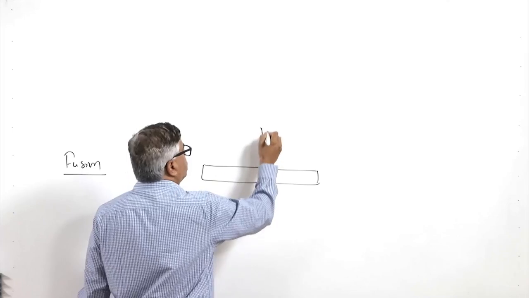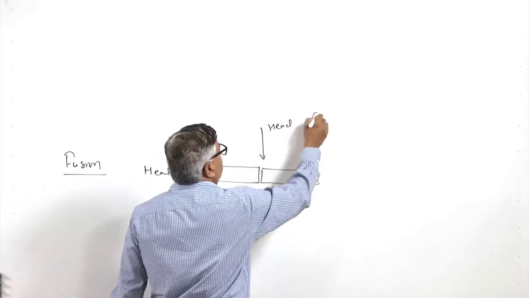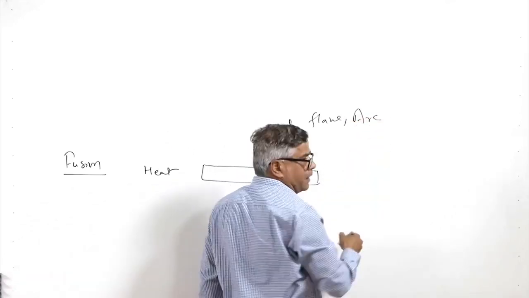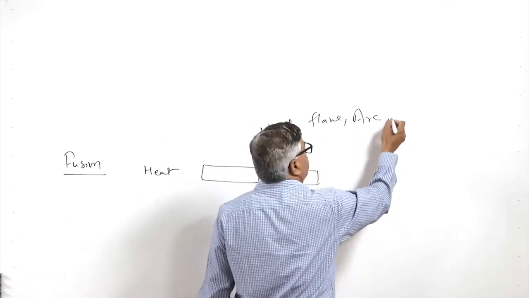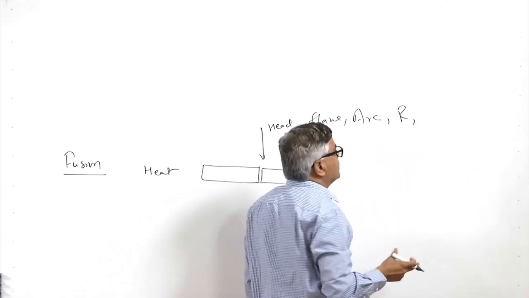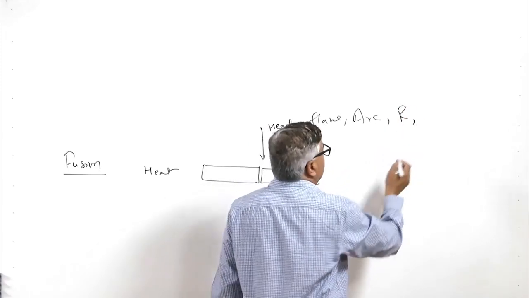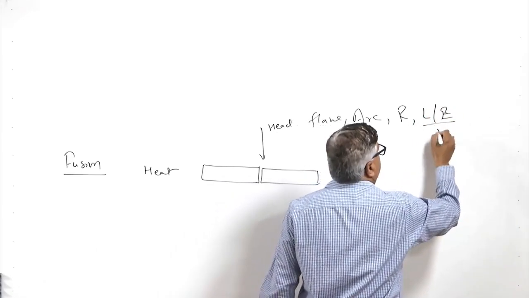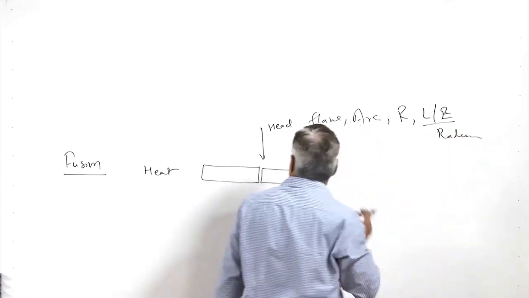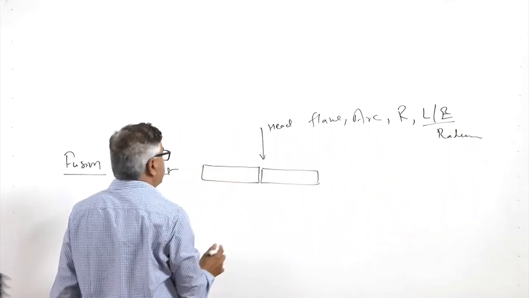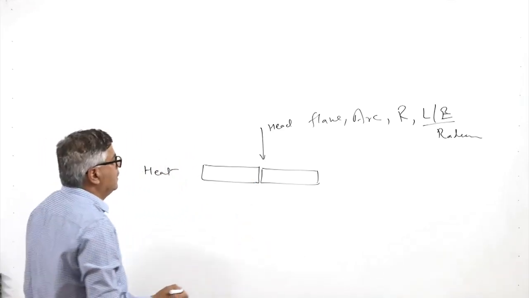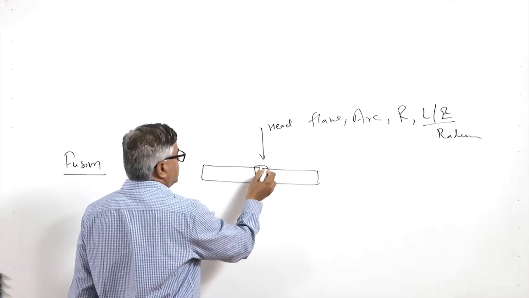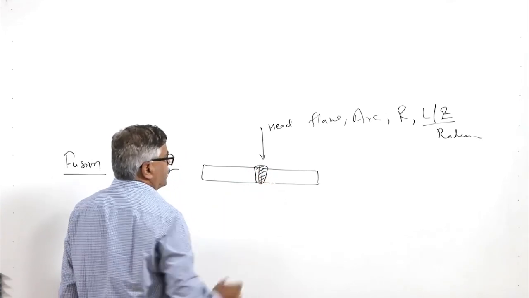This heat can be fed through different sources, which may be in the form of a flame, as in gas welding, an arc, as in arc welding processes, or resistance, as in electrical resistance heating or resistance welding processes, and then the laser beam or electron beam in the case of radiation-based processes. So, the heat is delivered to the faying surfaces of the plates to be welded, and the melting of the faying surfaces results in metallic continuity after solidification of the weld metal.